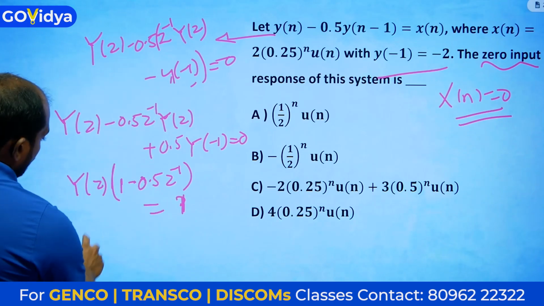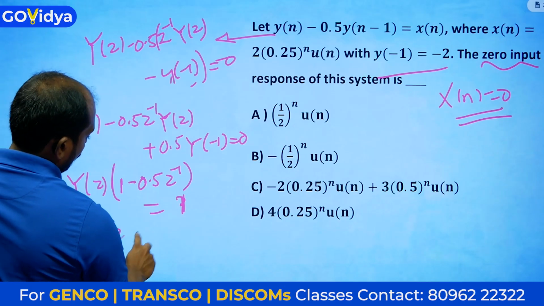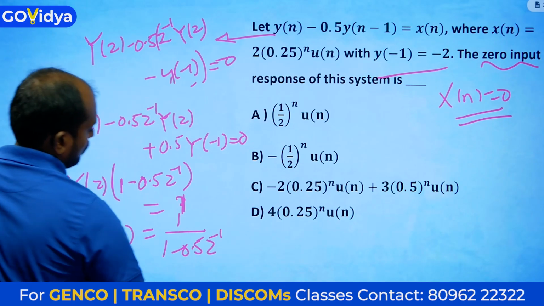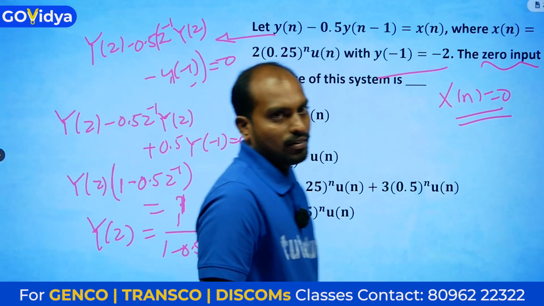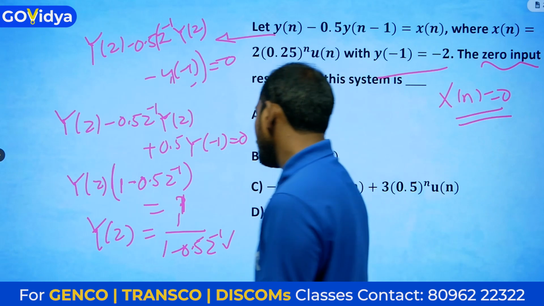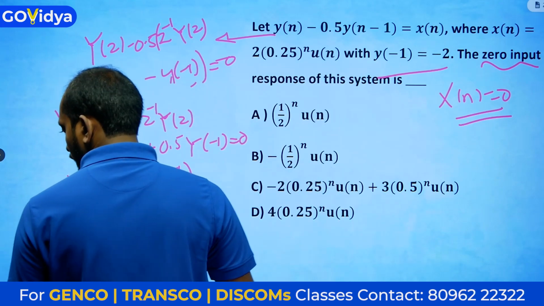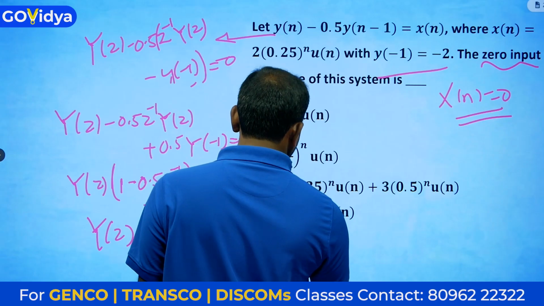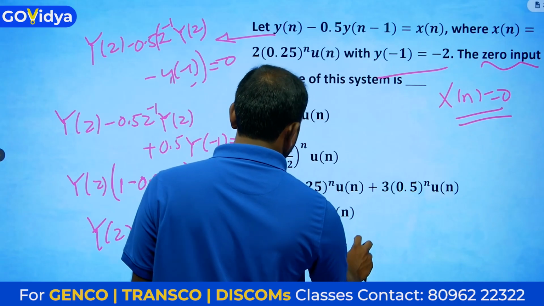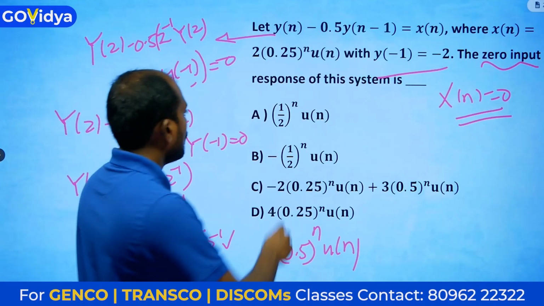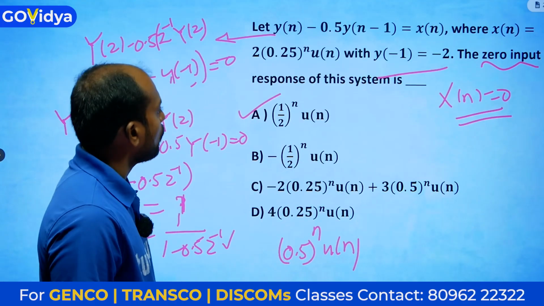So Y of z is nothing but 1 by 1 minus 0.5 z inverse. What is this? It is nothing but 0.5 whole power n into u of n. 0.5 is nothing but 1 by 2, so 1 by 2 whole power n u of n. So option A is the correct answer.